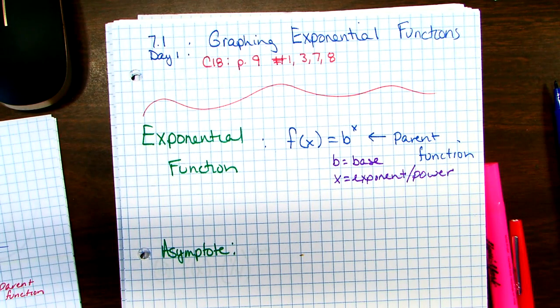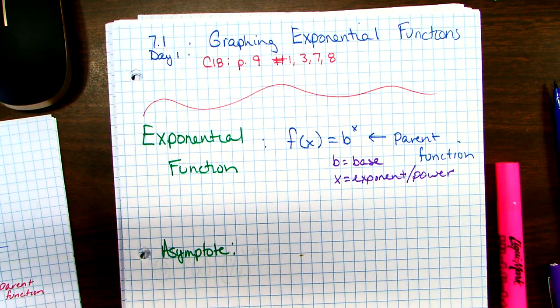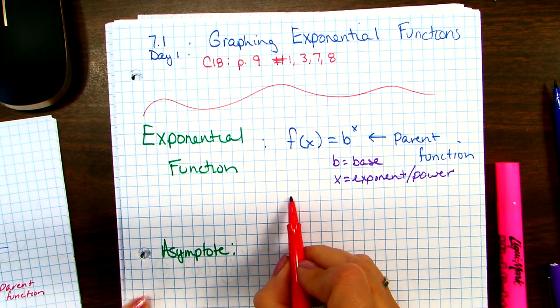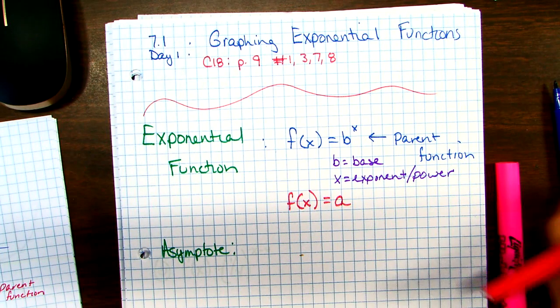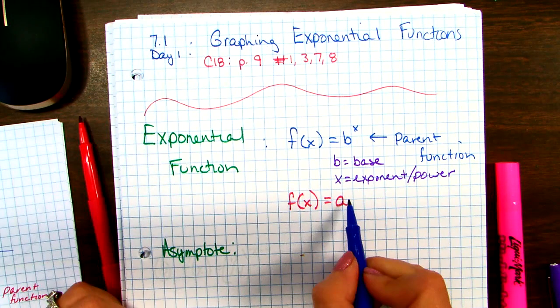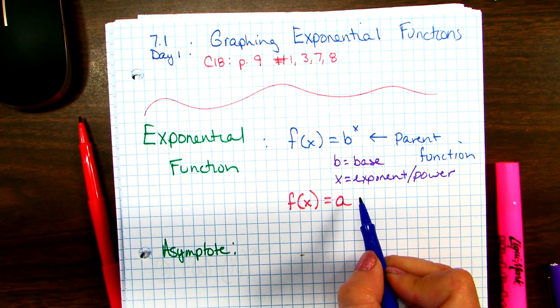Then, like I said, we start throwing numbers on these to make it stretch or shrink or move left, right, up, or down. So let's see what that looks like. So a in front, that should be familiar.